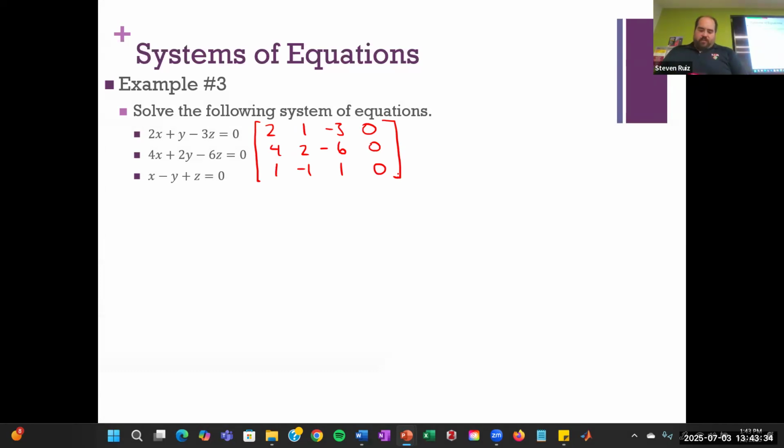What should we do first? Or what's the first thing we should try to do? Get a 1 in the top left corner. How can we do that? Row 1 minus row 3.